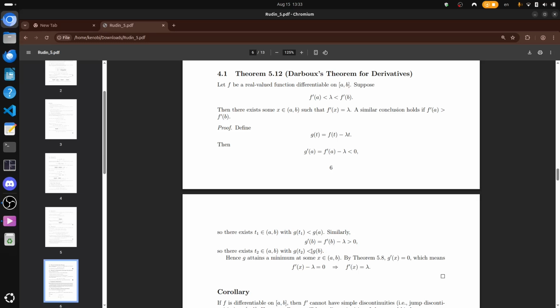So if you multiply by the negative term in the denominator over here, it's going to flip signs. So this greater than 0 is going to become less than 0, and you take it on both sides, and you're going to get g of t2 is less than g of b. Hence, g attains its minimum at some point x in (a, b).